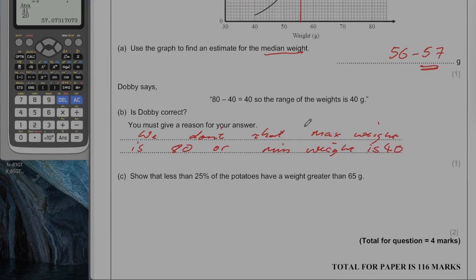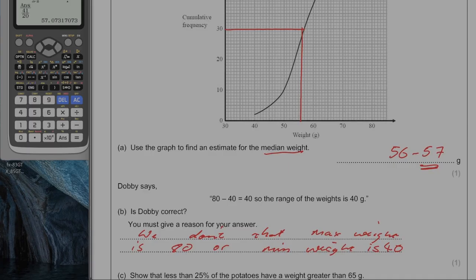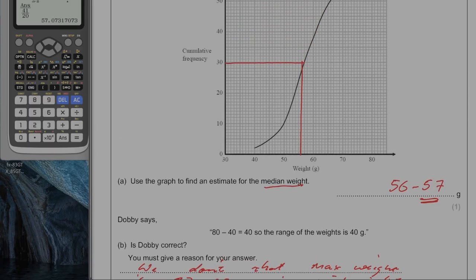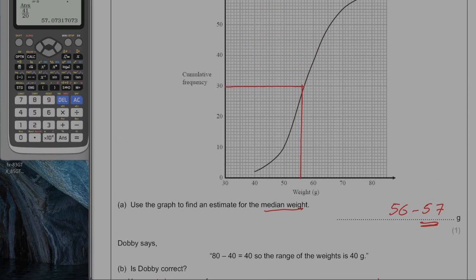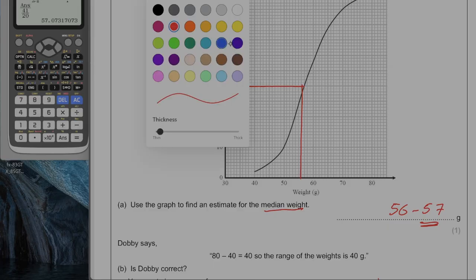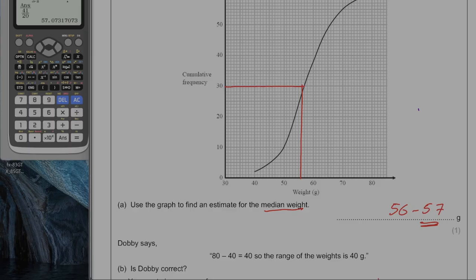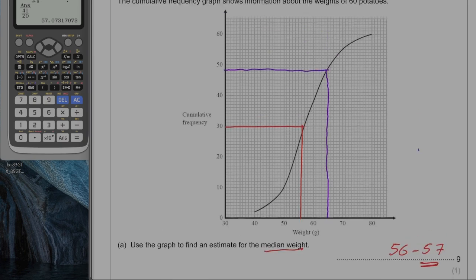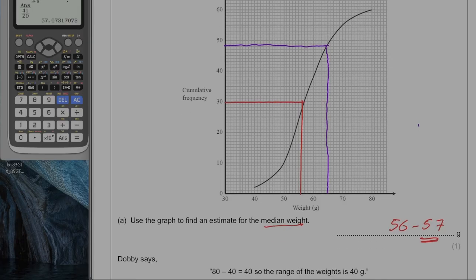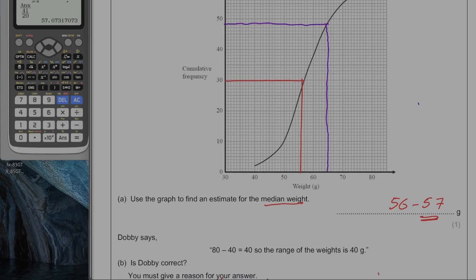Next: less than 25% of the potatoes had a greater weight than 65 grams. So we've got two options here. We can look at 65, and work out how many as a percentage have over 65. So we go up to our graph and read off here.